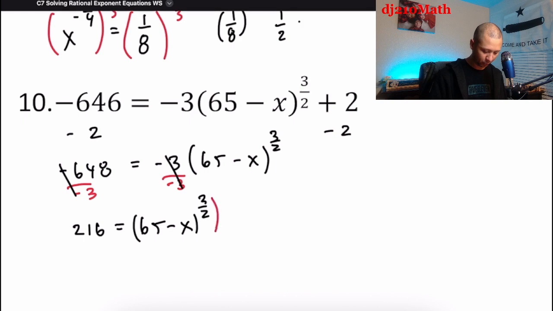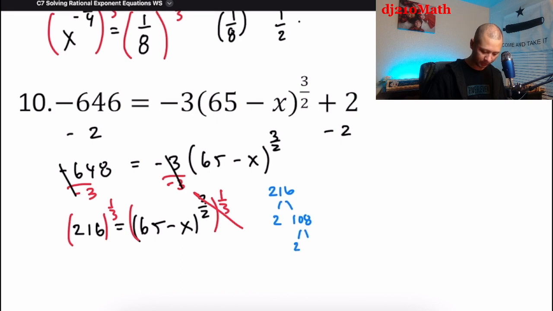All right, 1/3 power, both sides. 3's cancel. So 216. If I use 2, this will be base 2. Yeah, let's use 2. So 108.